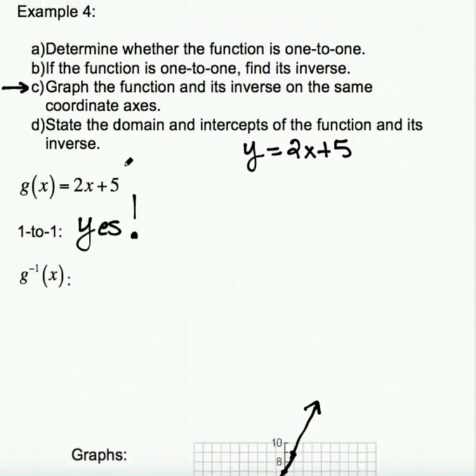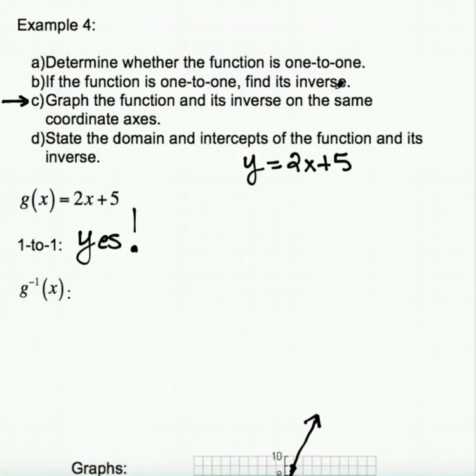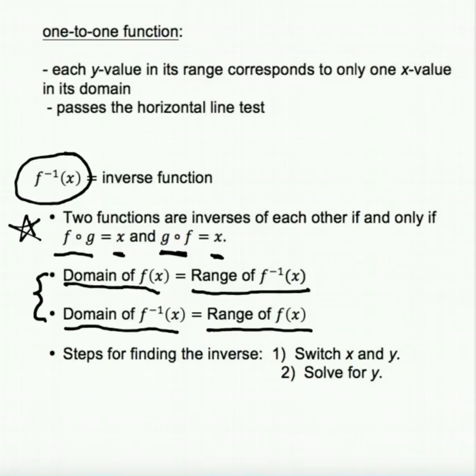Now, going back, part B says if the function is one-to-one, then we're going to find its inverse. So, going back to the steps from the first page of our notes, it says the steps for finding the inverse function down here at the bottom. We're going to switch x and y, and then we're going to solve for y.